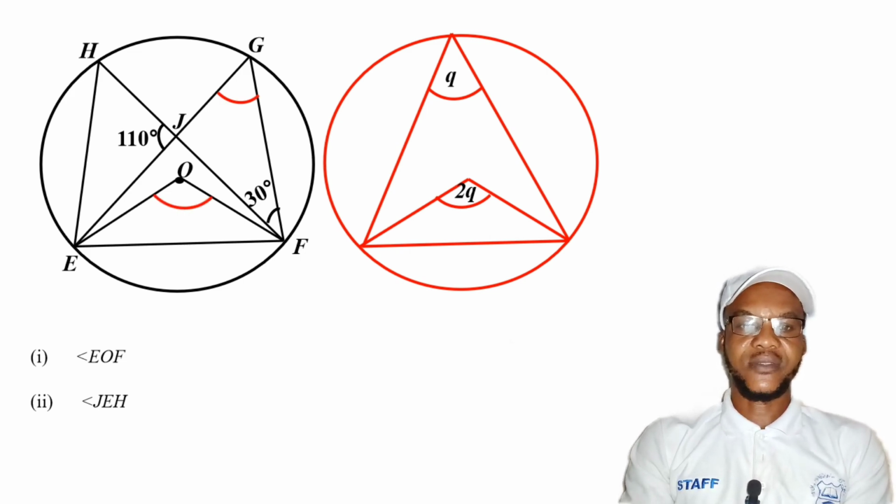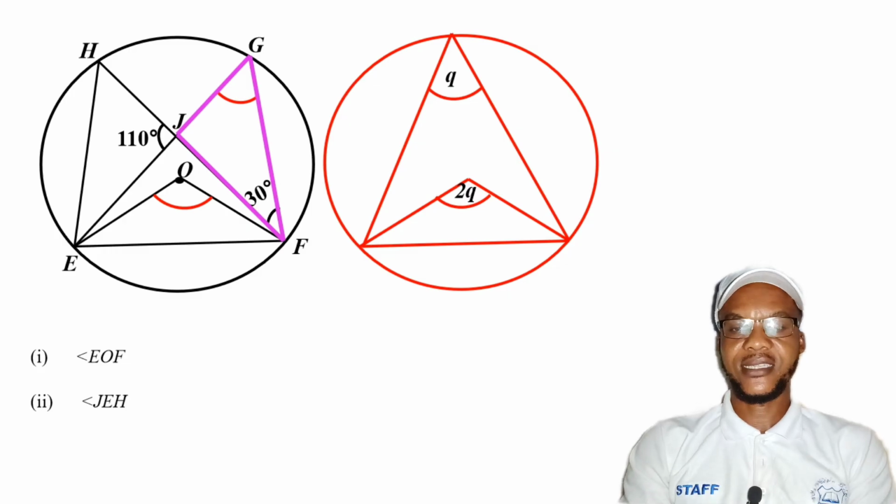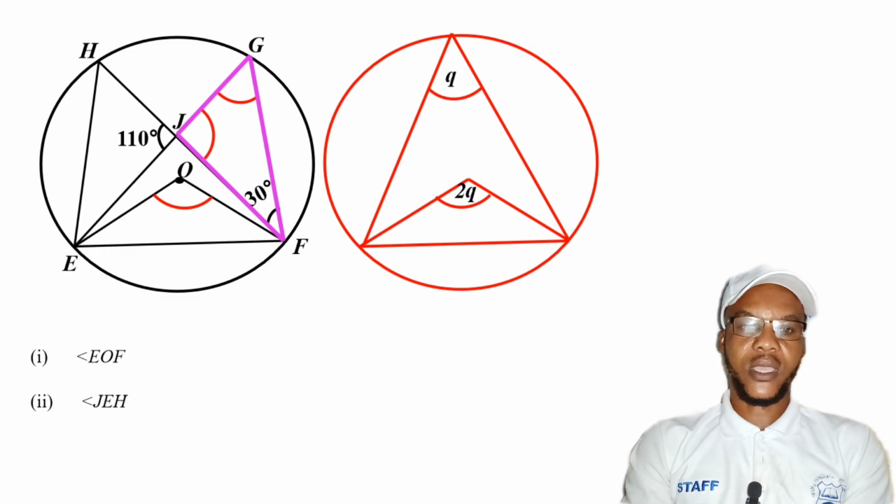You can see that we have this particular triangle. Once we have that triangle, we see that one of the angles is given as 30 degrees. Then we need to look at this other angle as well. But how do we find that angle?